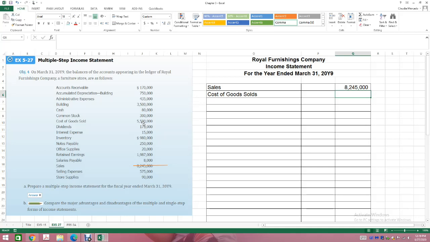This is how much you purchased the furniture for, okay? This is a retail business, so you bought furniture from someone else, and then you're selling it in your shop, okay? So what you paid for these goods that you're reselling is, in this case, my cost of goods sold, and I spent $5.5 million on that furniture, okay?